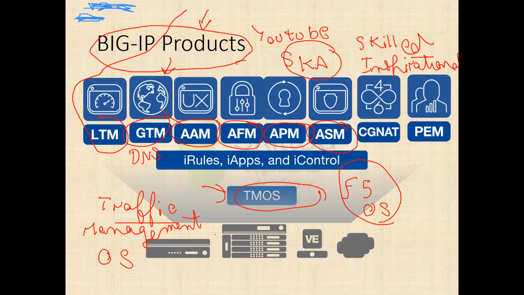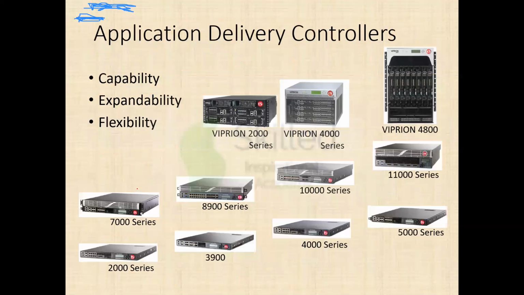It can be deployed in the cloud, as hardware, or in a VCMP VIPRION chassis. It depends on your company architecture where you can deploy it. It can also be deployed as a virtual edition. So this is how it covers what the BIG-IP products are.